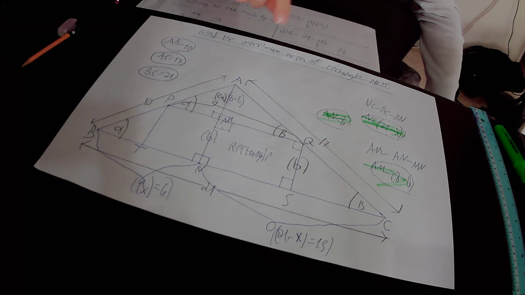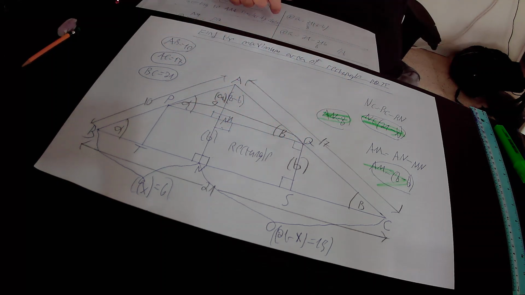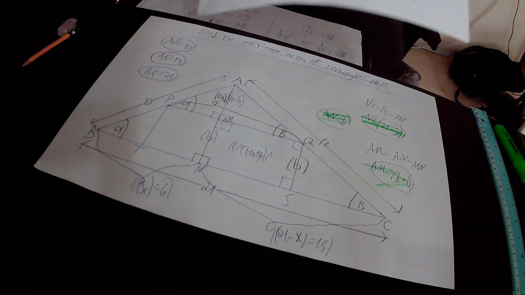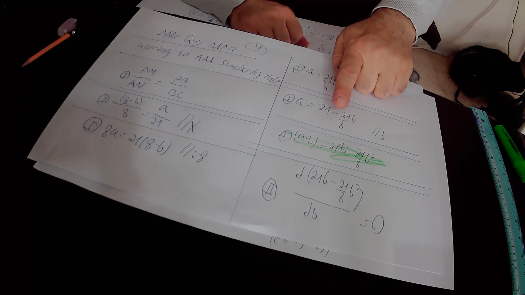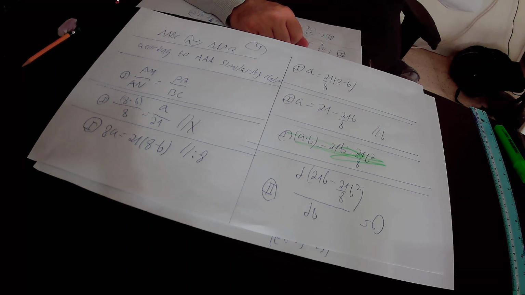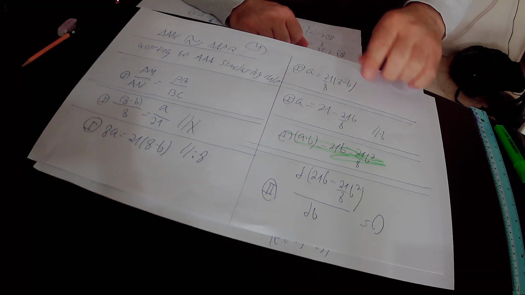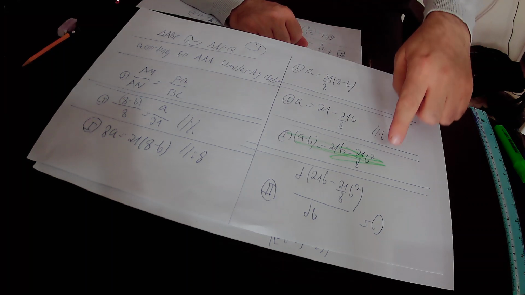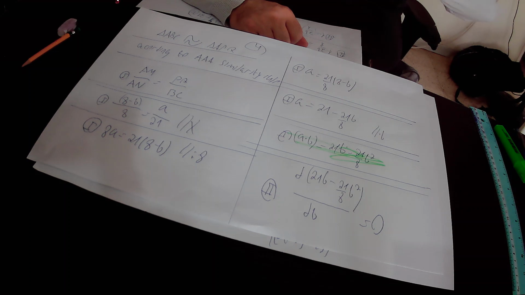Our mission is to find the maximum area of this rectangle PQST. Or in other words, we have to find the maximum value of this function. That is to say, we have to find for which b the value of this expression, that is the area, will be at its maximum value.